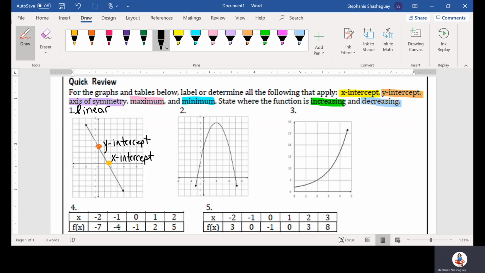This function, because it's linear, is only going to be either decreasing or increasing, and this particular function is decreasing the whole time. So it's always decreasing. Because it has a negative slope. Okay?